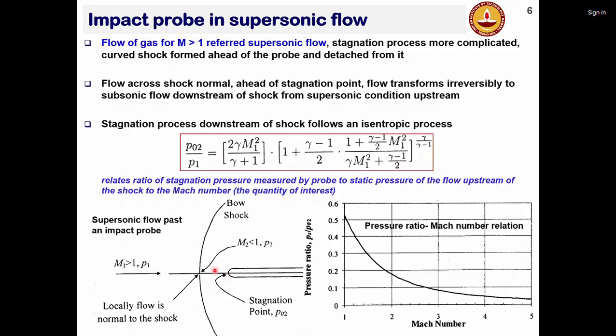And from gas dynamics, the ratio between the stagnation point pressure, P02, to the static pressure in the approaching flow has been given. So this is something that is available from gas dynamics. Okay, we are not talking about the derivation of it. We just are talking about this from gas dynamics.